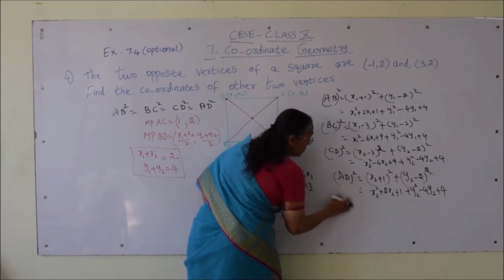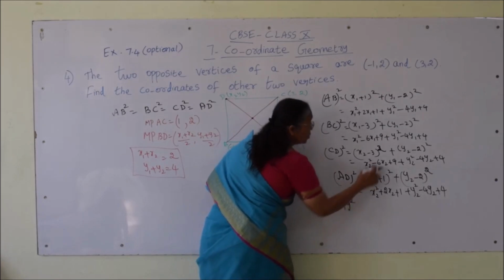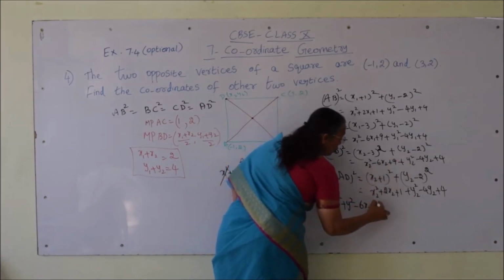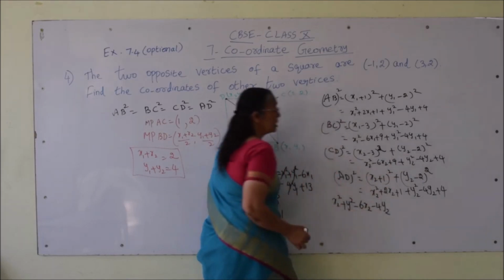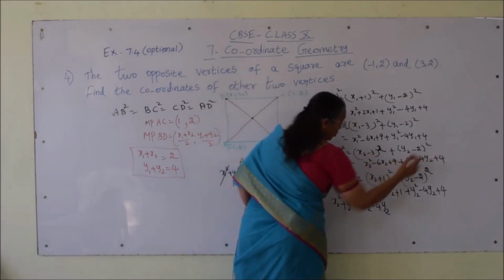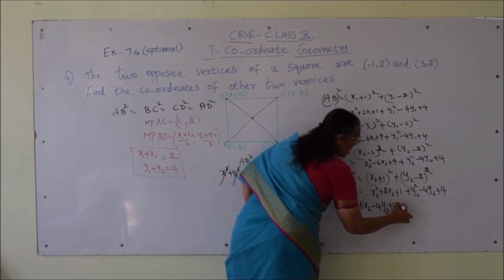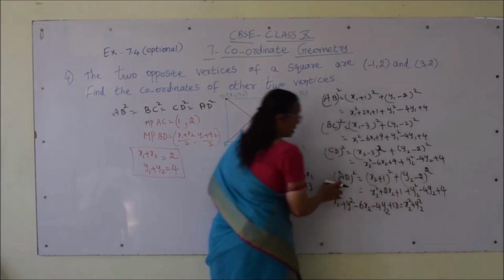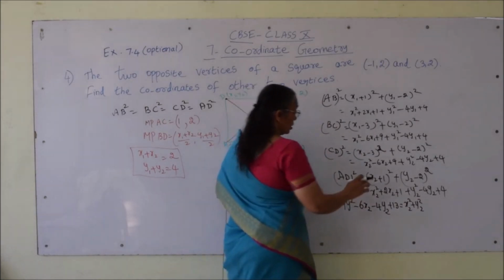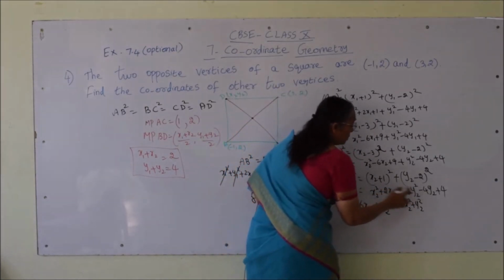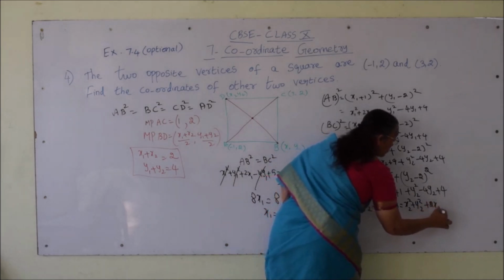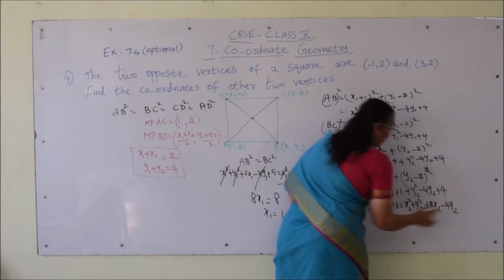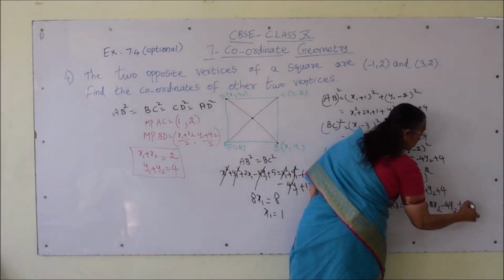Arranging in standard form: x2 square plus y2 square minus 6x2 minus 4y2, constant term 9 plus 4, 13, is equal to x2 square plus y2 square, this one AD square, plus 2x2 minus 4y2, 4 plus 1, 5.